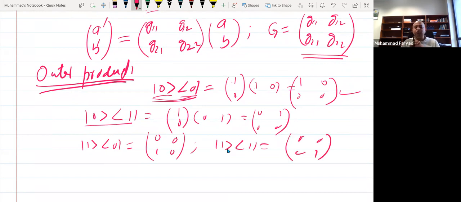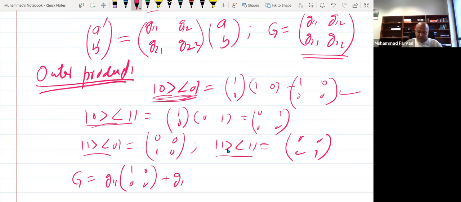Now, since we have a 2 by 2 matrix, which can only have at most 4 components, and our basis has 2 vectors, all the possible outer products can only be 4, and we have all 4 of them here, here, here, and here. Now let's see this general gate G, and I can now write it as G11 times 1000 plus G12 times 0100 plus G21 times 0010 plus G22 times 0001.